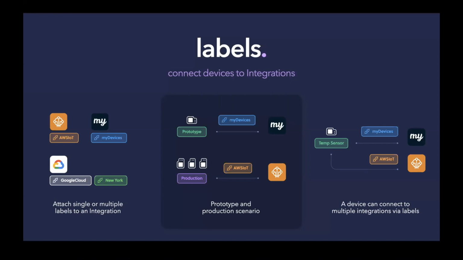So if I've got a production environment and I'm sending all my data to AWS, I want to make sure that everything's working correctly before I add any devices to that and send data. So what I could have is this prototype device, and I could label it prototype if I wanted to or not.